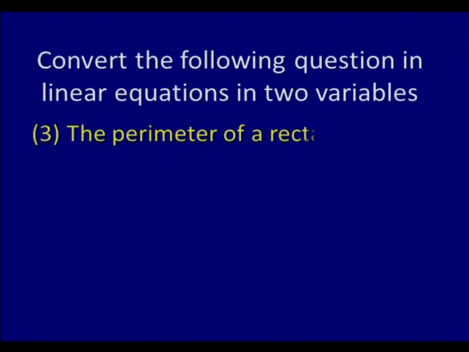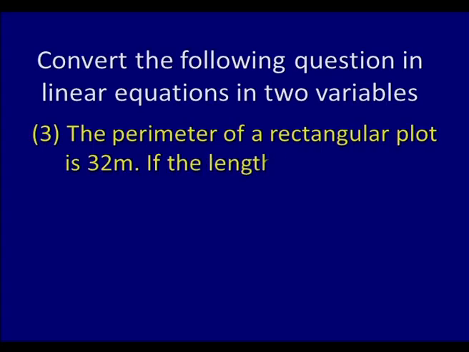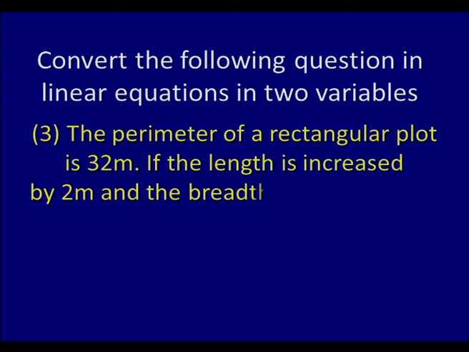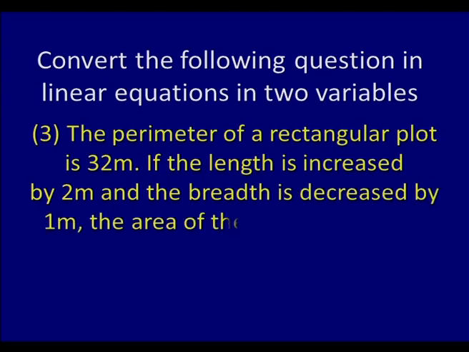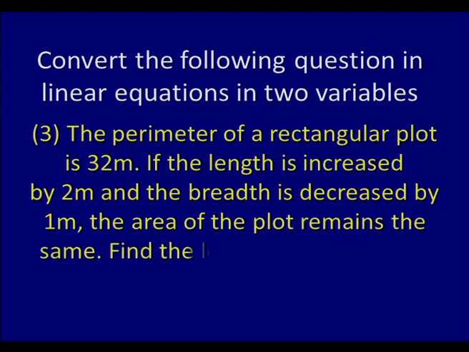Okay, children. Now, let us discuss the third problem. The perimeter of a rectangular plot is 32 meters. If the length is increased by 2 meters and the breadth is decreased by 1 meter, the area of the plot remains the same.